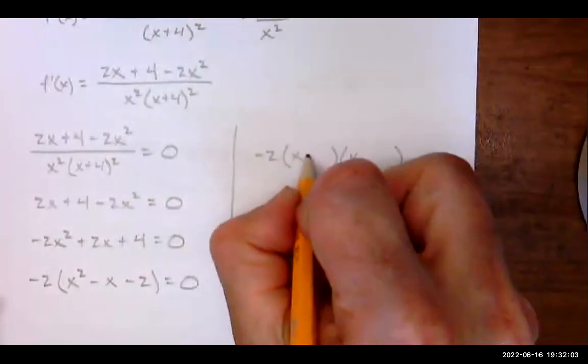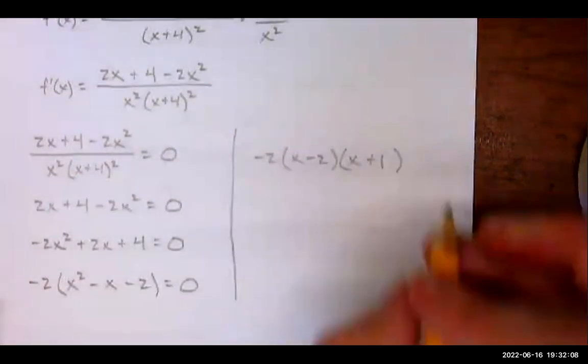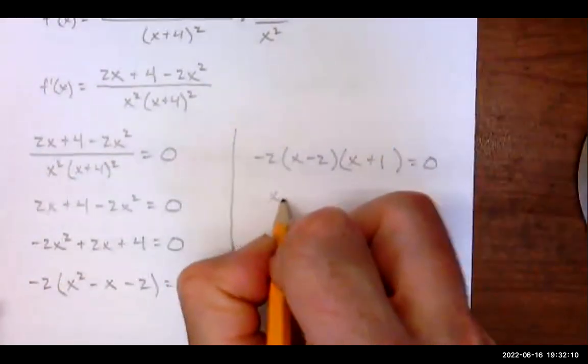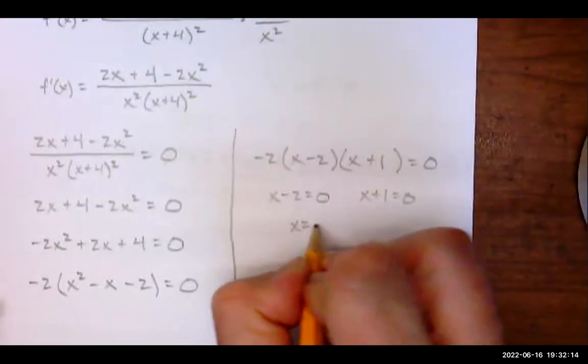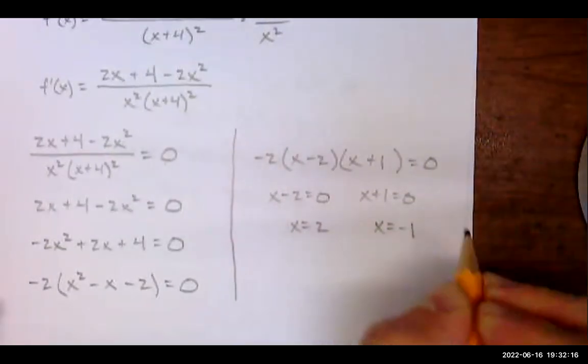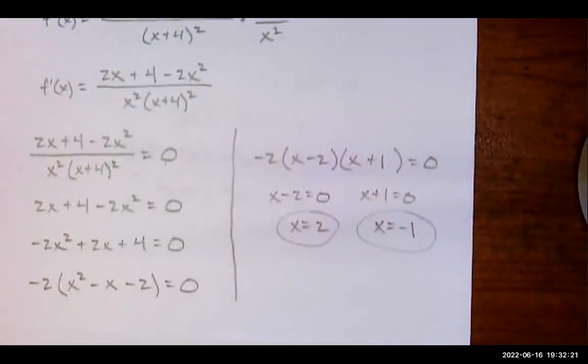That would be minus 2 plus 1, getting us the minus x in the middle and the minus 2 here. So we got x minus 2 equals 0, x plus 1 equals 0. And we got two solutions. That's all we needed. They wanted us to find x values.